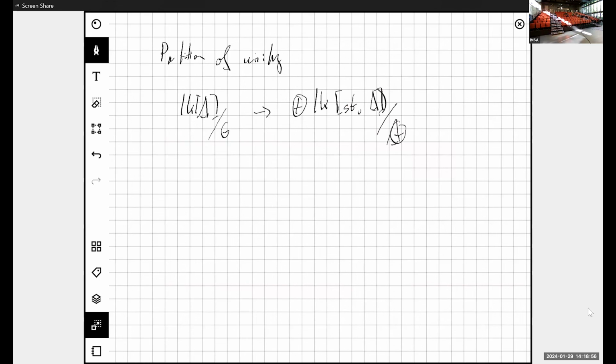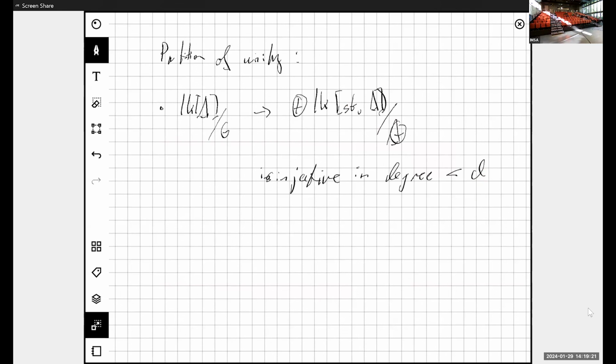This here is injective in degree less than D. All right. Because degree D exactly corresponds to the homology of delta, which can be non-trivial.